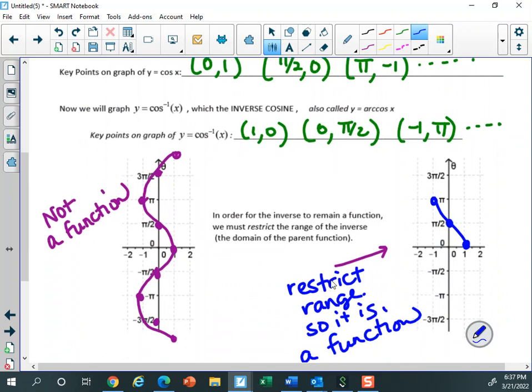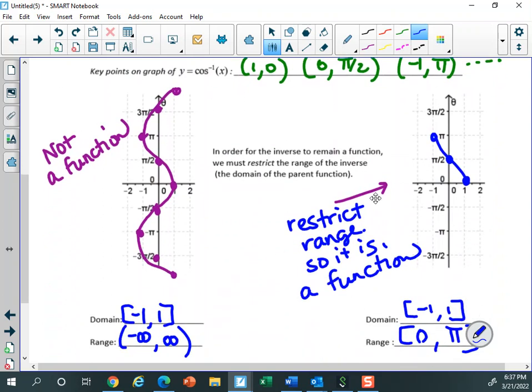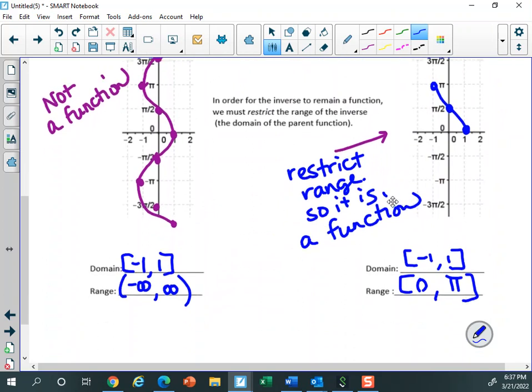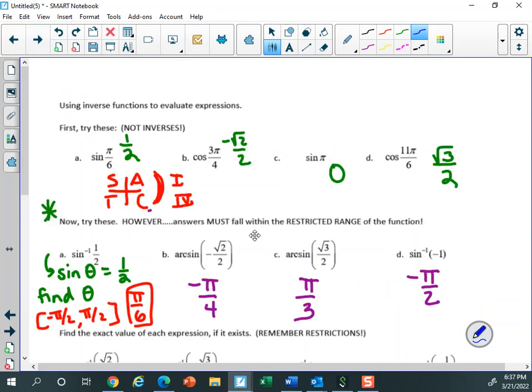Created the inverse cosine graph, realized it was not a function, talked about that we were going to have to use a restriction. We have to use a different restriction for inverse cosine. If you try to use the same restriction as inverse sine, that doesn't work for inverse cosine because of the curve. So 0 to pi is my restricted range.